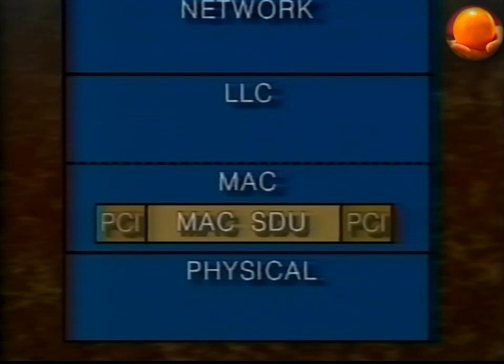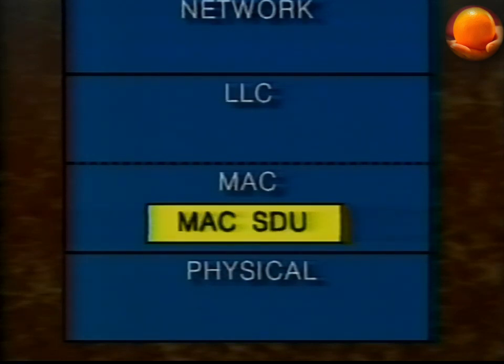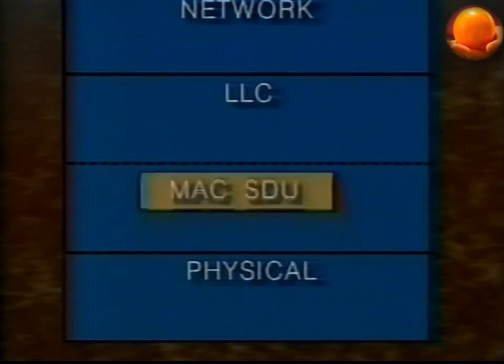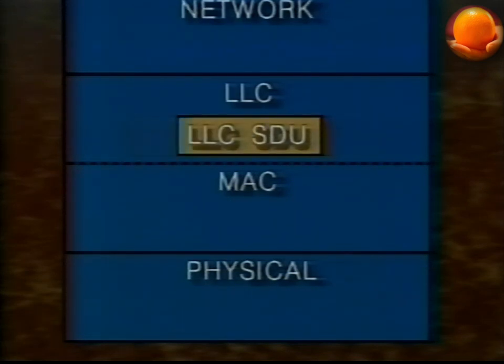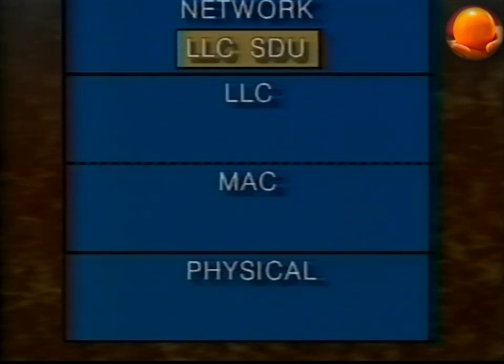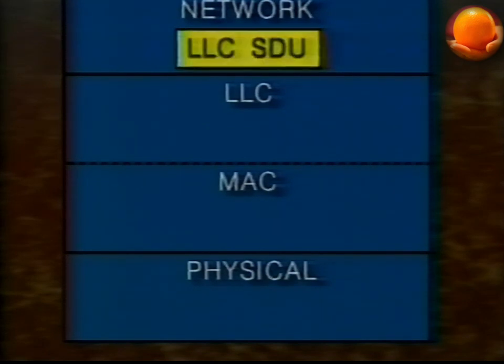The MAC entity strips off the PCI from the frame, creating a MAC SDU, which it passes up to the appropriate LLC entity. The LLC entity accepts the SDU, strips off its set of control information, and passes the resulting LLC SDU up to a network entity, recreating the original packet.